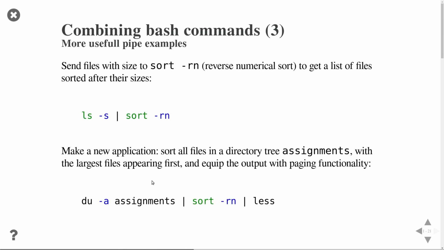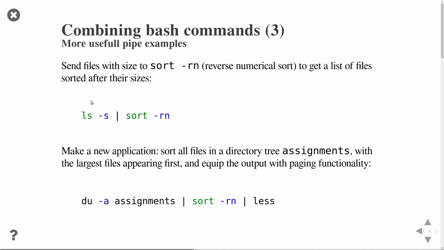So let's look at maybe some more advanced piping programs. Let's say we are interested in listing the files, but such that they're sorted by their size. So maybe we're running out of disk space, and we want to find the biggest files and just get rid of them.